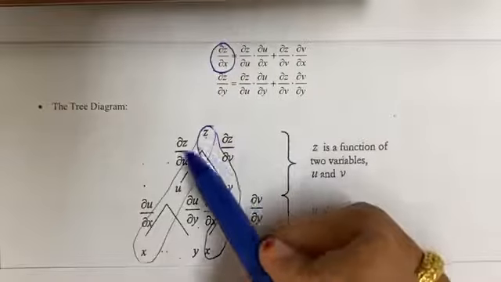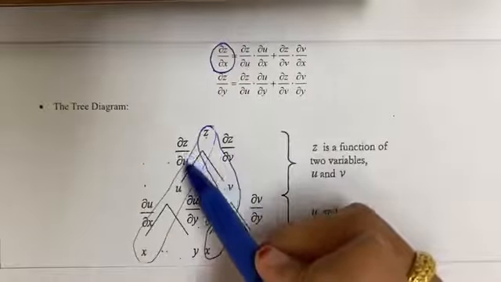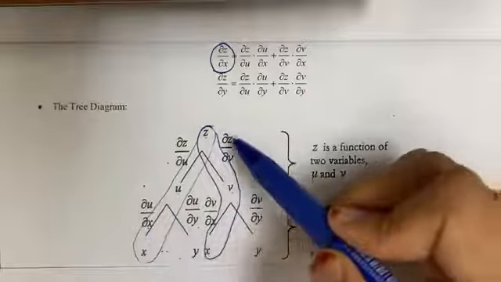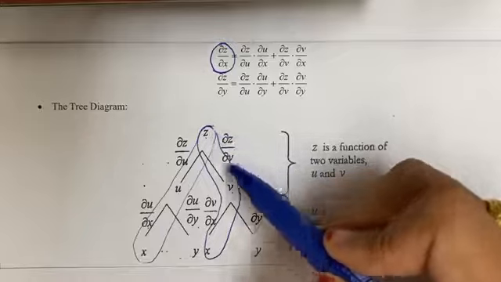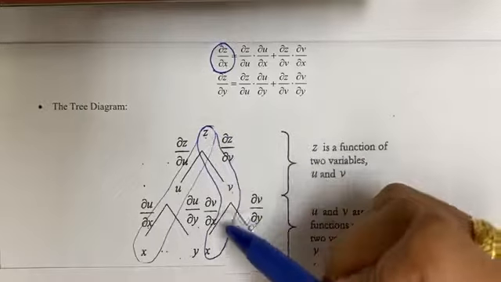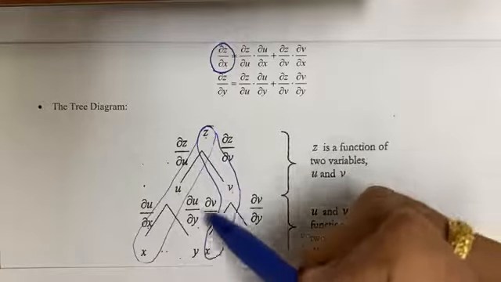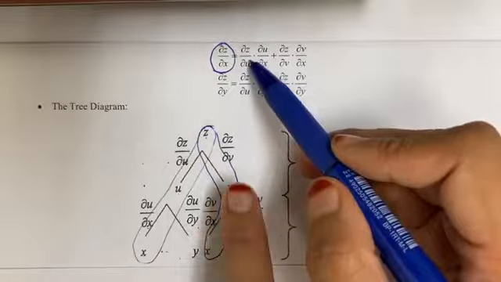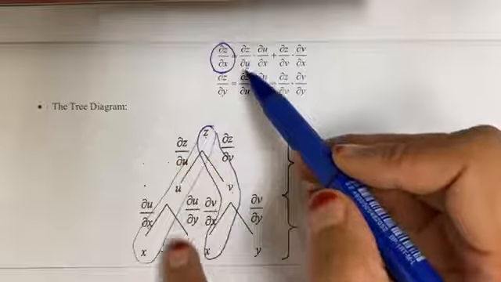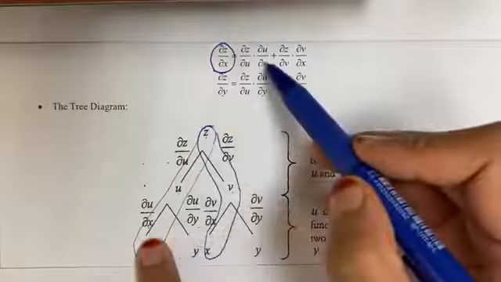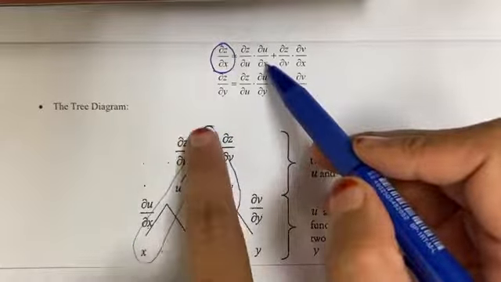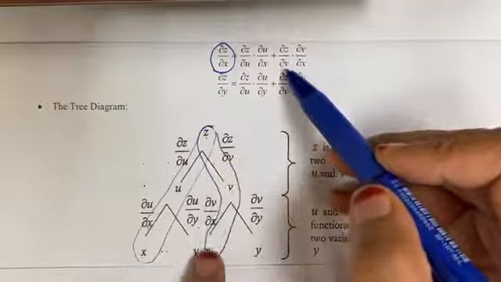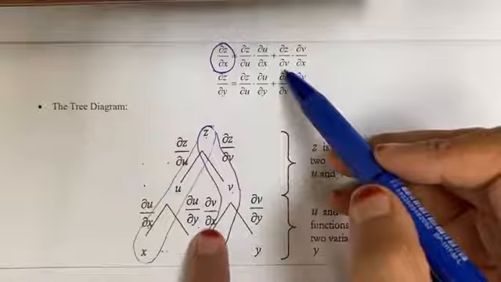From z to u you find ∂z/∂u, and from u to x you find ∂u/∂x. From z to v you find ∂z/∂v, and v to x you find ∂v/∂x. So for this one you have ∂z/∂u multiplied by ∂u/∂x, plus, from the other branch, ∂z/∂v multiplied by ∂v/∂x.